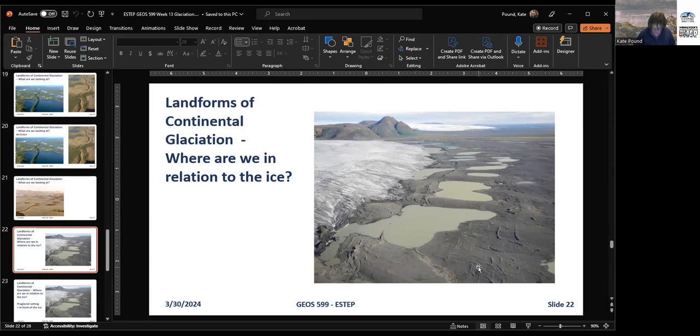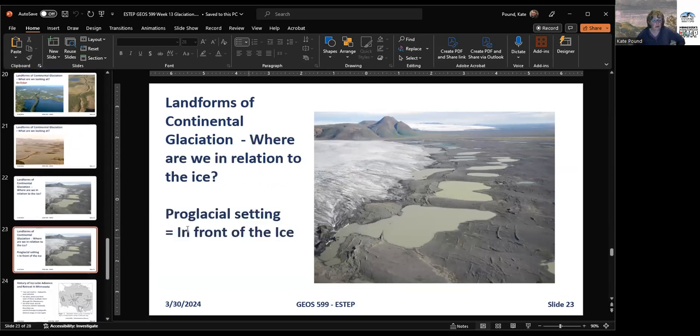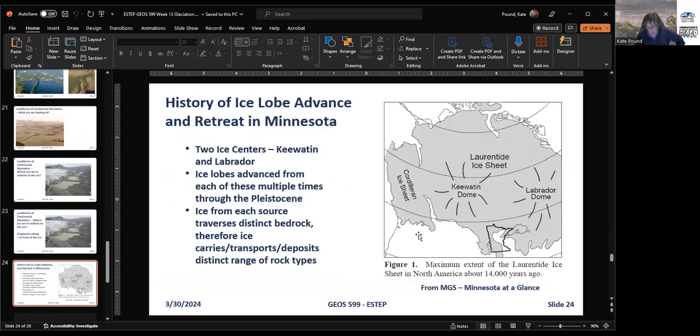There's some ridges, etc. If something happens on top of the ice and gets somehow preserved in the landscape, that's a supraglacial feature. And then under the ice, we talk about subglacial features or processes. So proglacial is what we're featuring here. That means in front of the ice. And it's a very messy and dynamic area. And as you can see, it's likely to be modified by streams.